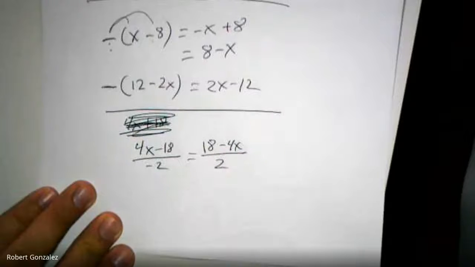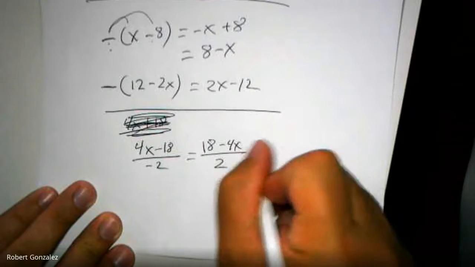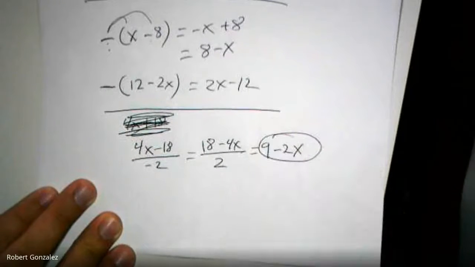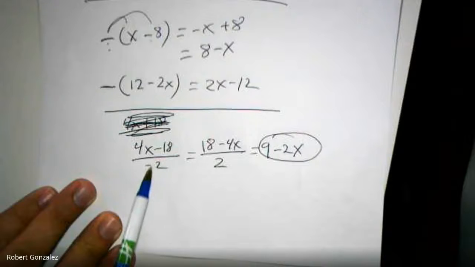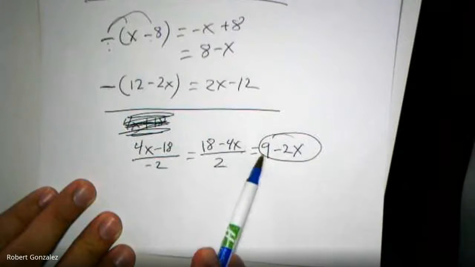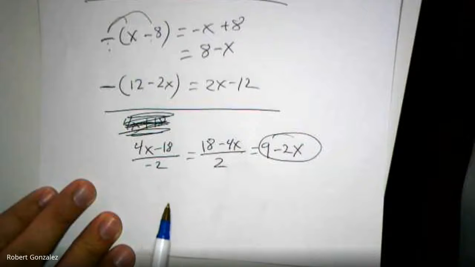Now I can divide each term by 2. And I get 9 minus 2x. You can still do it the long way as well. You can distribute the negative 2 to each term, and you're going to get the same answer. Any questions?